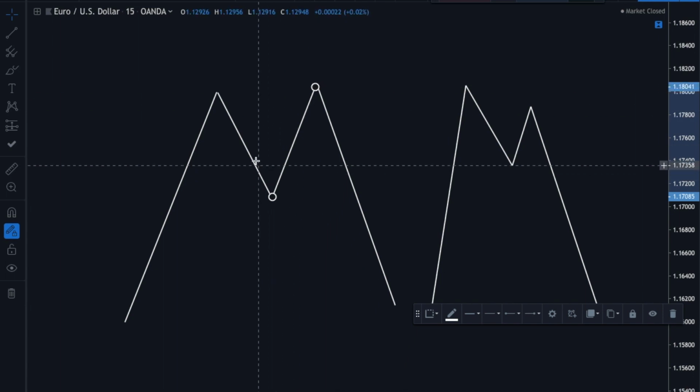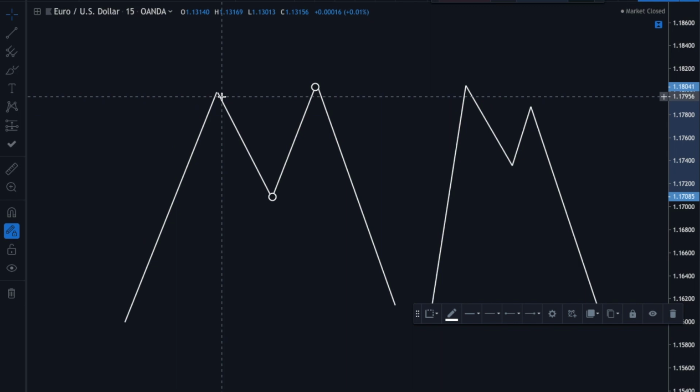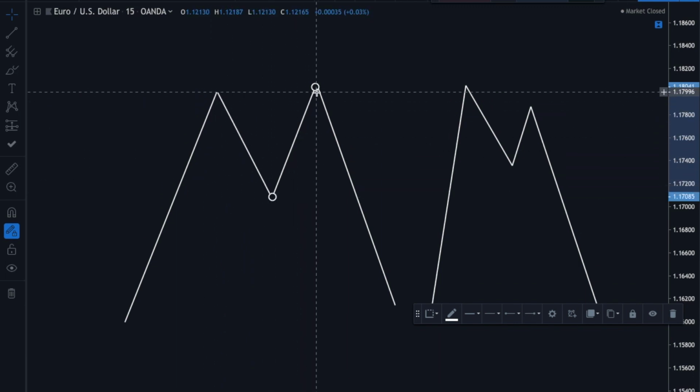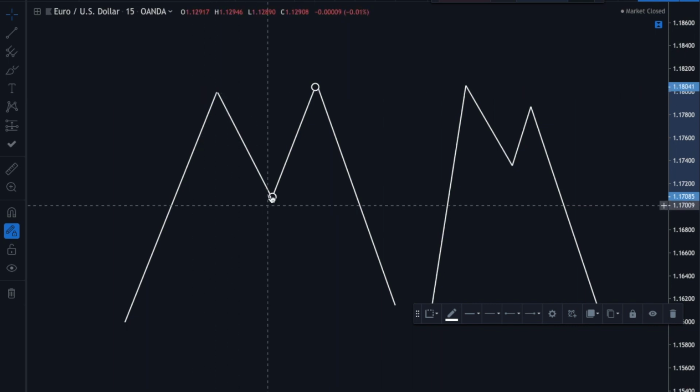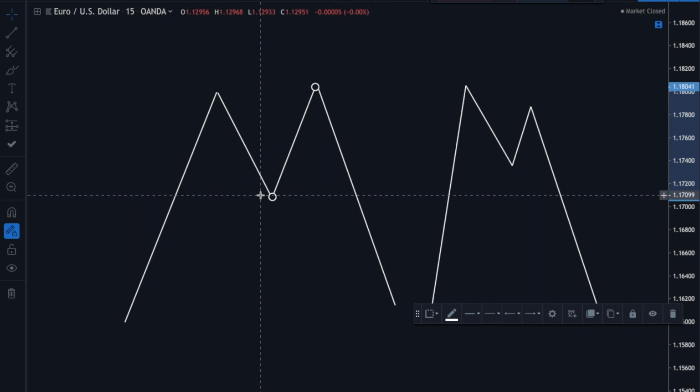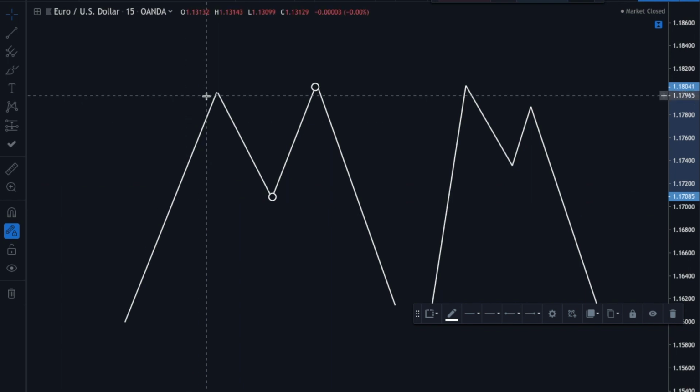One, it gets rid of the traders that went short on this trade. By going back up to the high of the first leg, it cuts out these people that went short. But it also induces more traders that were still thinking about going long to go long.